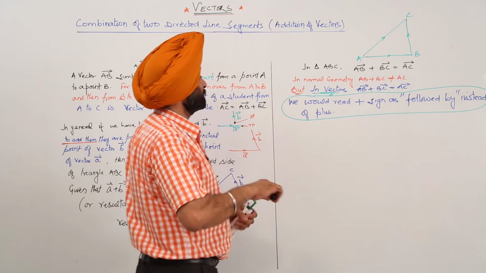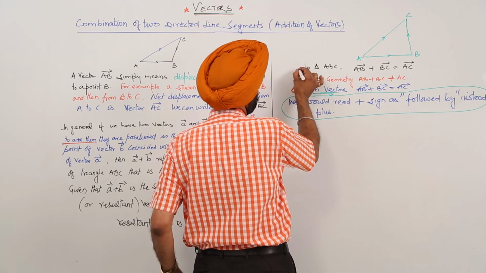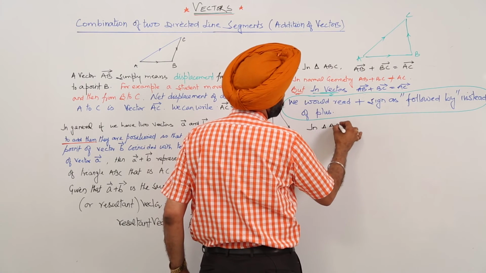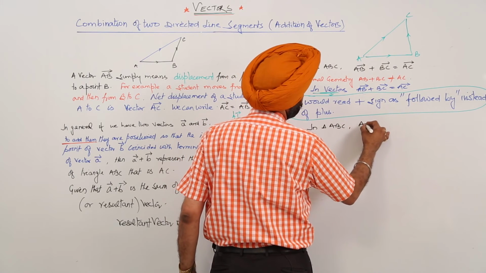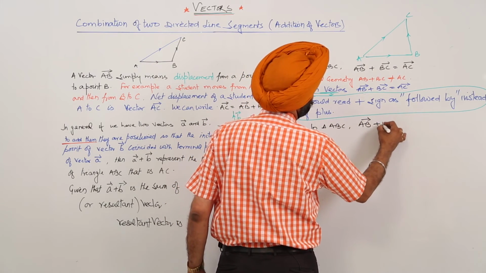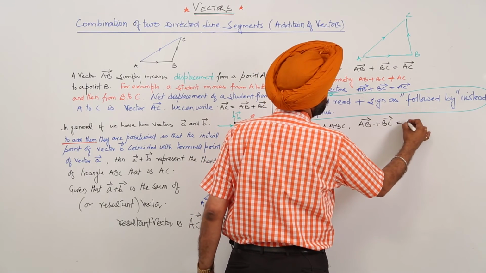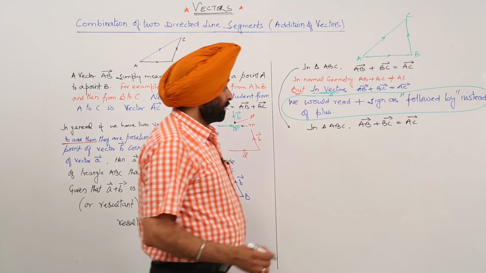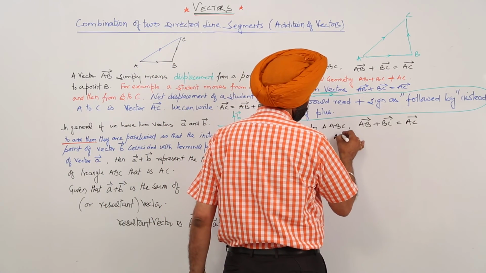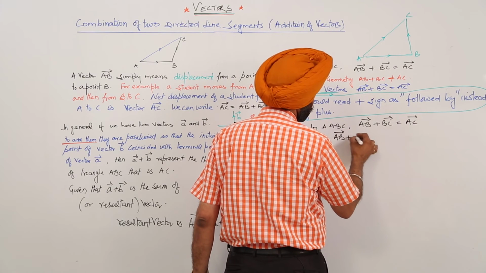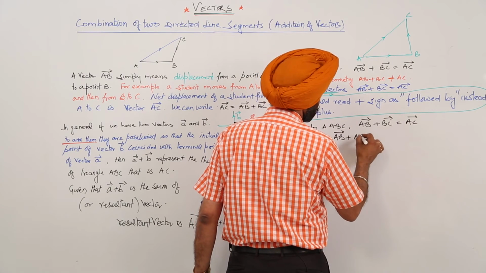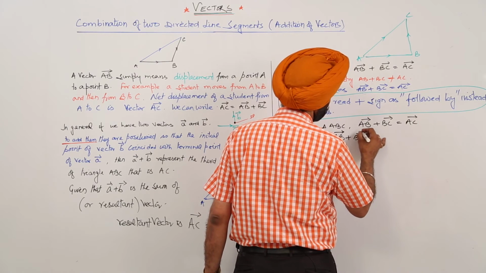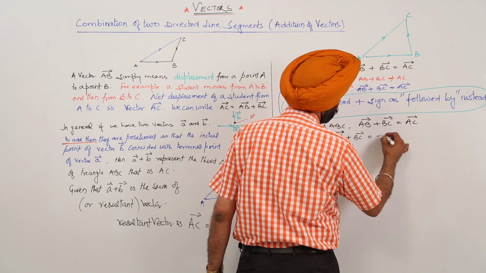Now coming to the vector side again. In triangle ABC, AB followed by BC is equal to resultant vector AC. Is it clear? Now what I am writing here is vector AB followed by vector BC is equal to negative of AC.